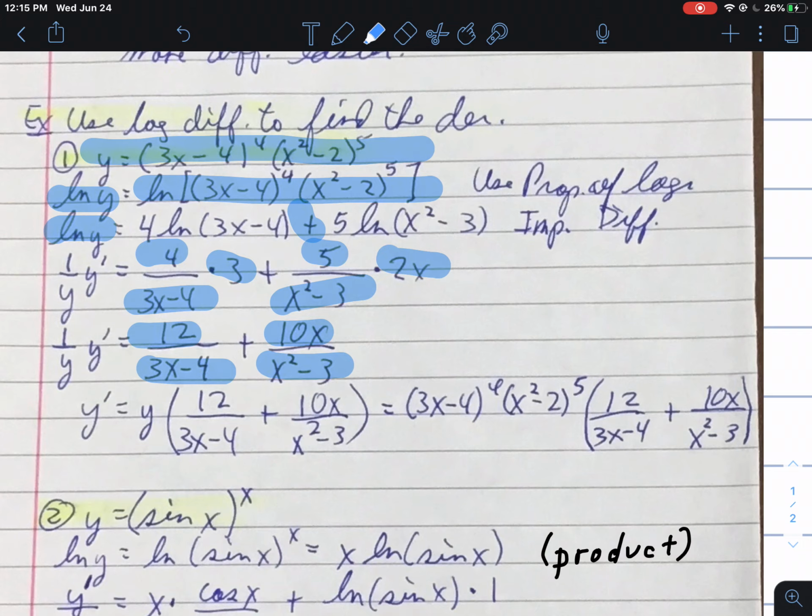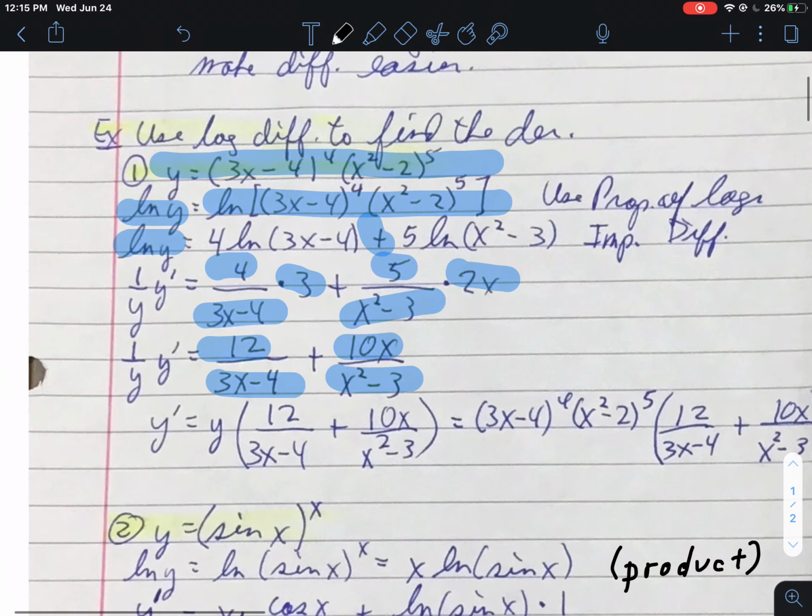Now the left side. The left side was natural log of y. I want to differentiate ln of y. Remember, we're differentiating with respect to x. So maybe I should write this: I am finding d/dx of ln of y. That's our implicit differentiation.